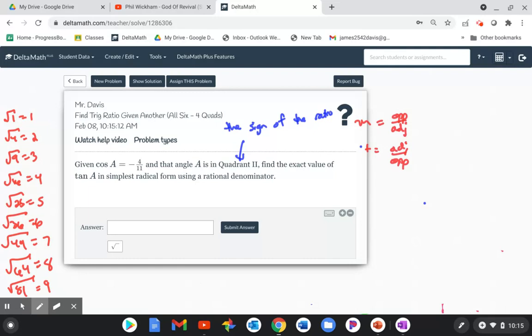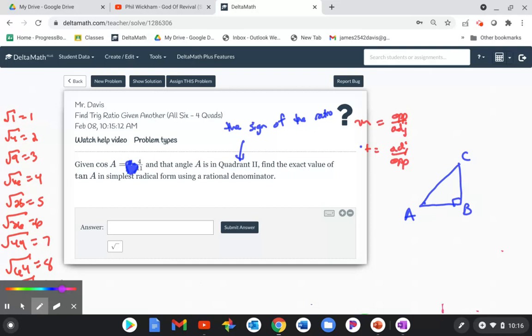So we're going to start exactly the same. We're going to draw our right triangle. Call this A, B, C. And now you also notice in this one there happens to be a negative there. We're just going to ignore that for right now. As far as labeling our triangle, it's not important.